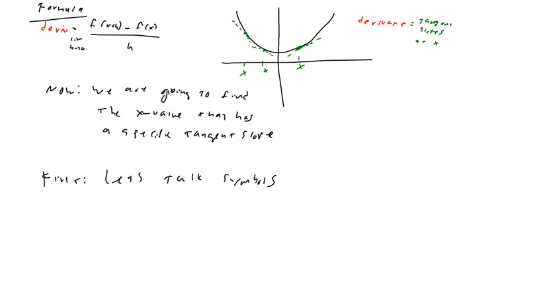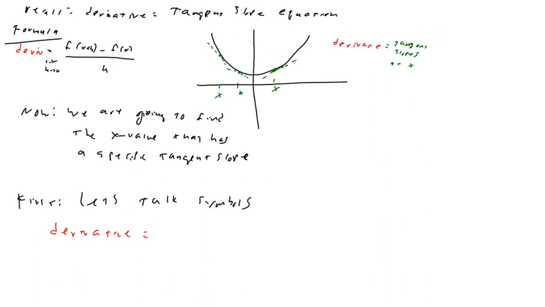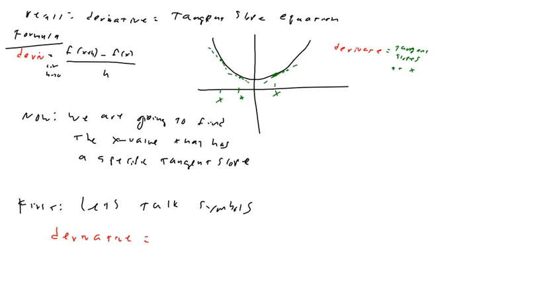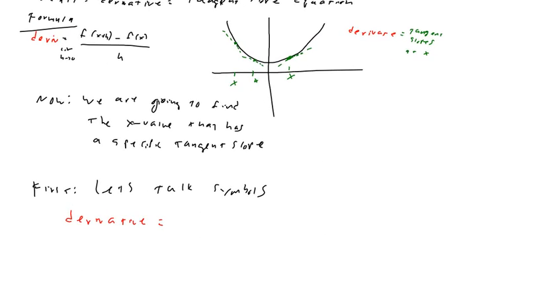I don't want to keep writing the word derivative. We shortened it from equation of the tangent slopes to the word derivative, but I don't want to keep writing this word derivative.